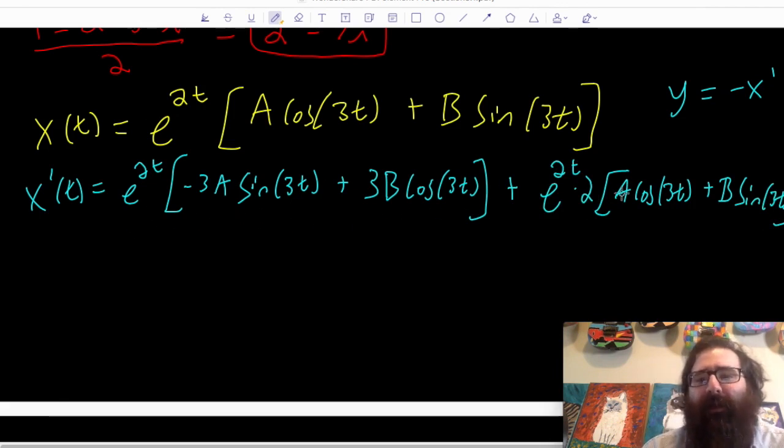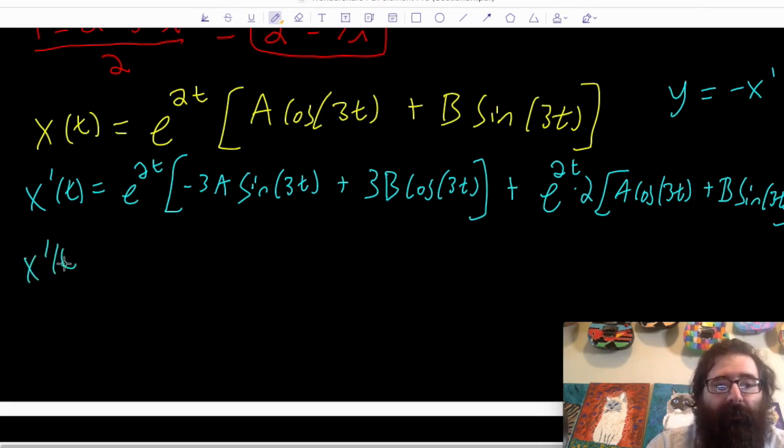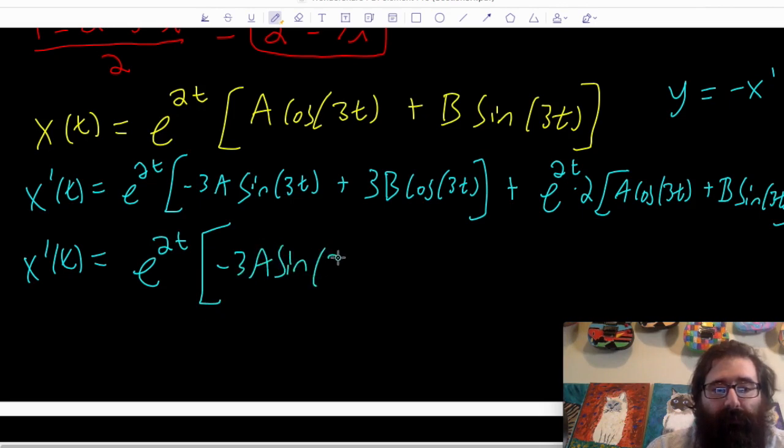Now, I want to try to collect this a little bit better. So before introducing some minus sign, what I'm going to do is factor e to the 2t all the way out. And what am I left with? I have a negative 3a sine 3t plus I have 3b cosine 3t.